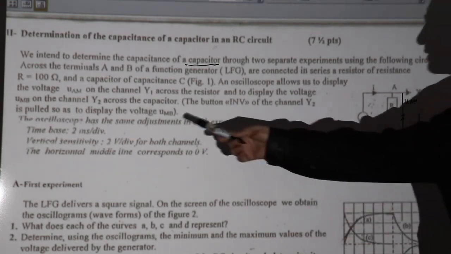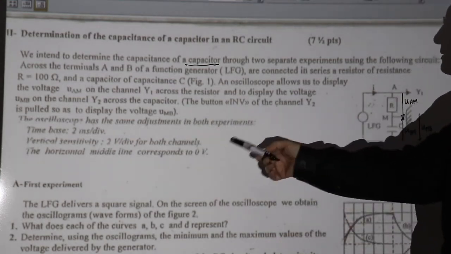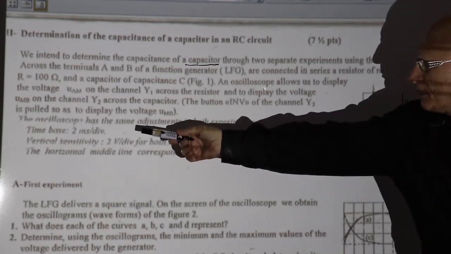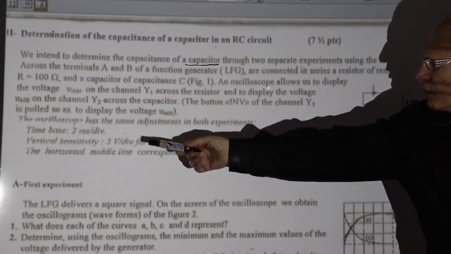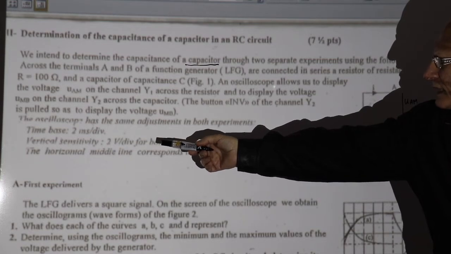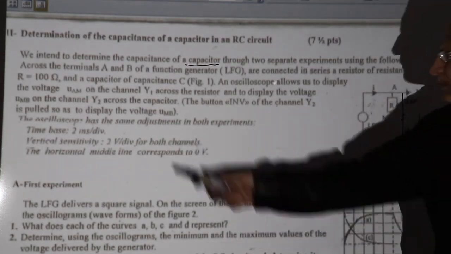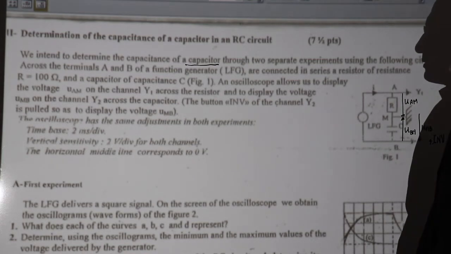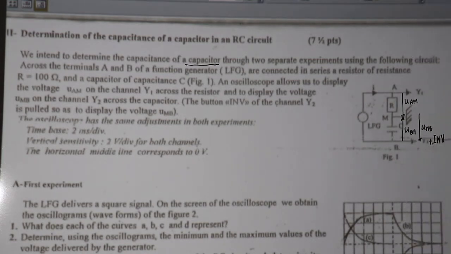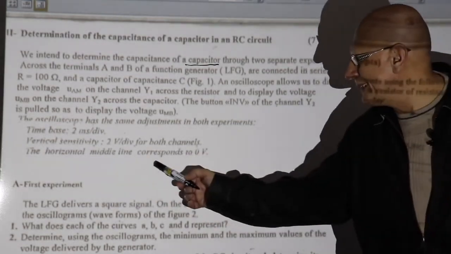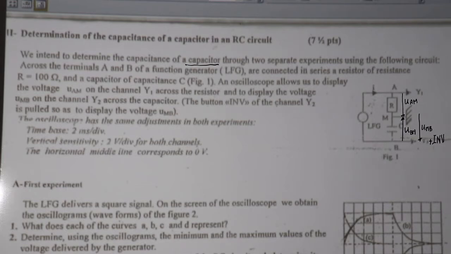Now, he says the oscilloscope has the following adjustment in both experiments: time base 2 millisecond per division, vertical sensitivity 2 volt per division. He says the horizontal middle line corresponds to 0.